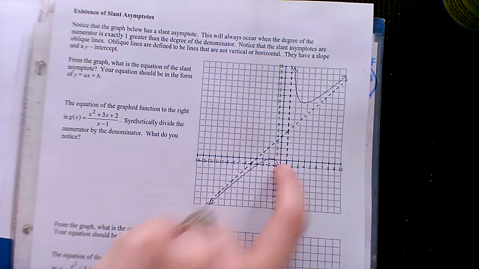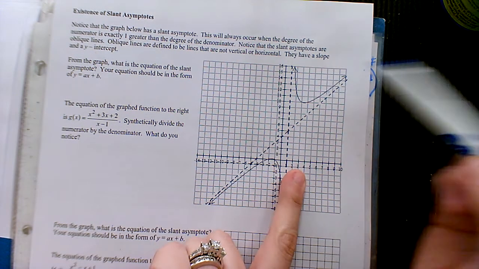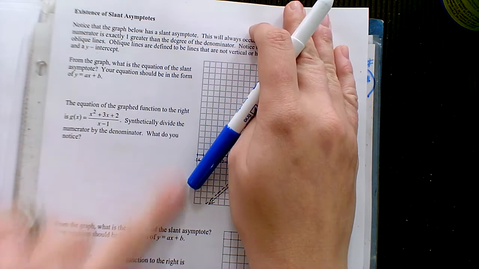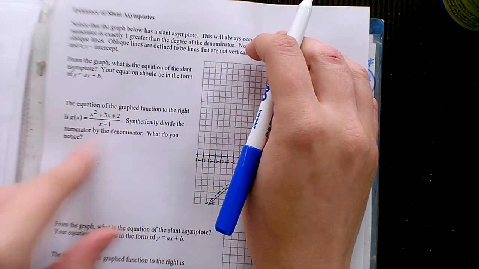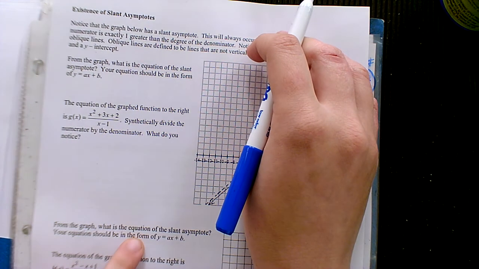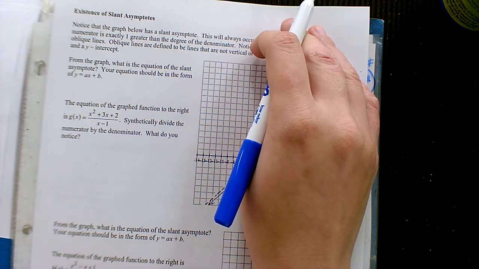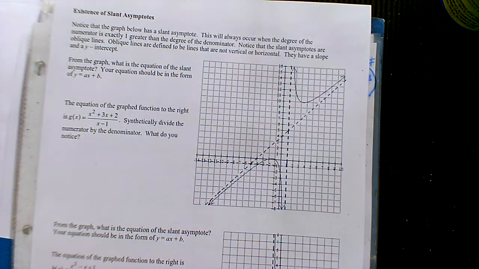I think yesterday for this example, based off the graph, we found the equation to be x plus 4. Where did the x plus 4 show up in our synthetic division? Good, Lainey? It was the first two numbers of the synthetic division. So if you rewrote the equation, it would be x plus 4.